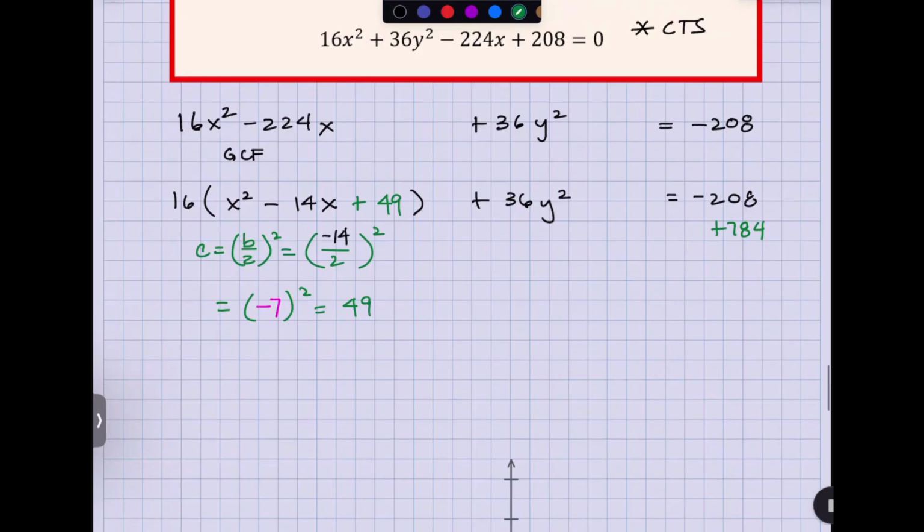So now I'm going to have 16 times x minus 7 squared plus 36y squared is equal to, what is that, 576? Are we okay so far?